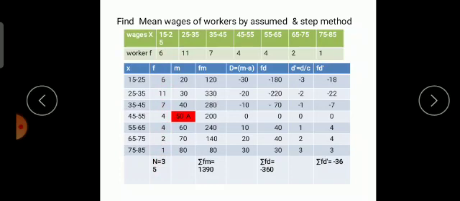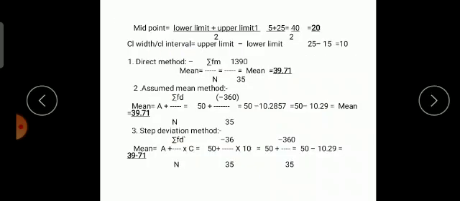Now we cannot do fx because the x values are in the form of class intervals. So you will find the midpoint of each class interval. How will you find the midpoint here? I have shown it here. The midpoint is the lower limit plus the upper limit of the class interval, divided by 2.